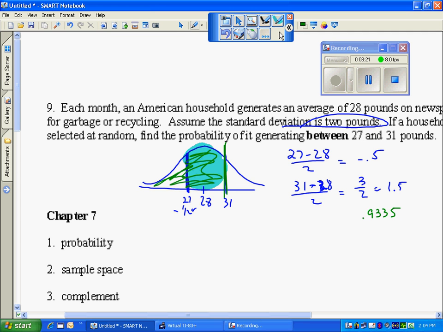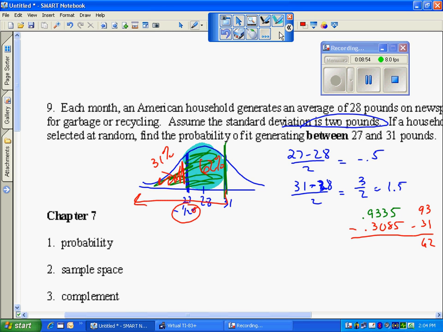I want to take this section off, so I only have what I want that's in the center. So I'm going to subtract off, looking up 1/2 of a standard deviation, and 1/2 of a standard deviation is about 31%. So I'm just going to round this to 93% minus 31% gives me 62%. So this is 62% because I knew that this was 31%, and this whole piece was about 93%.